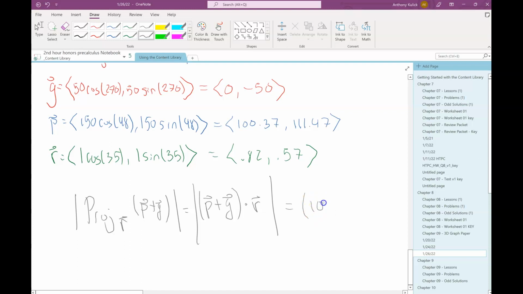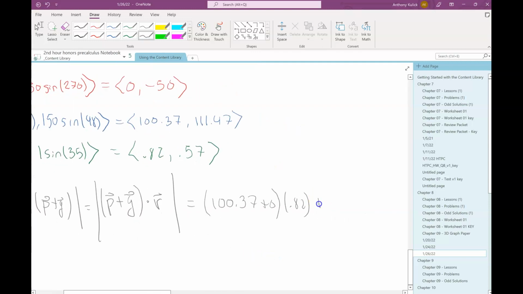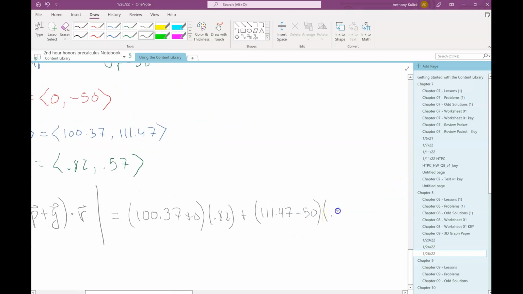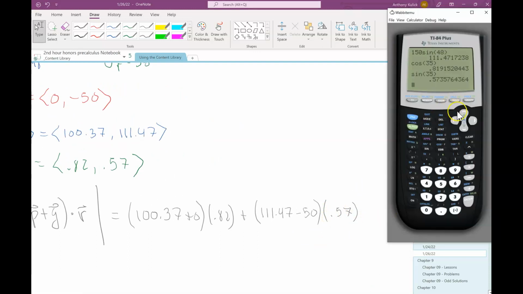So when I do the dot product, I should get that. So do that on our calculator.